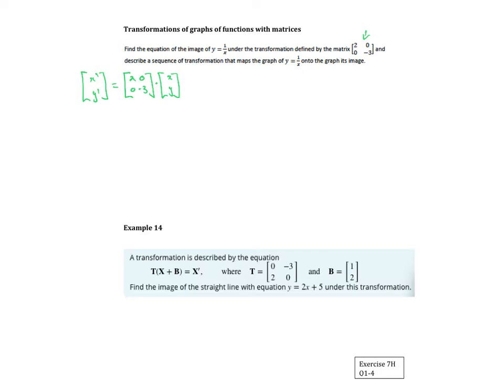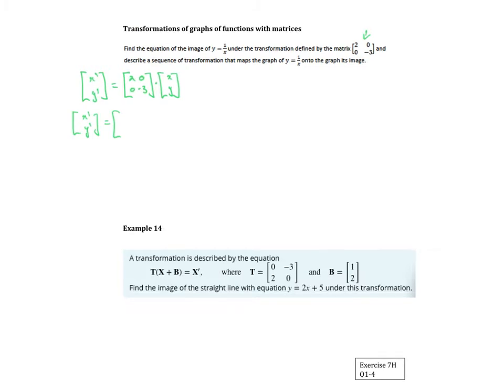Okay, so if I do my matrix multiplication now, this implies that x dash y dash is equal to 2 times x plus 0 times y, which is 2x, and 0 times x plus 3 times y, which is 3y. So if I equate the elements, that means x dashed is equal to 2x, y dashed is equal to 3y.